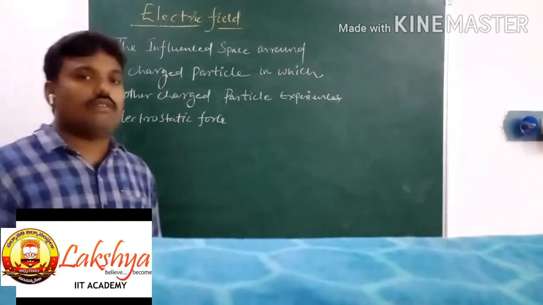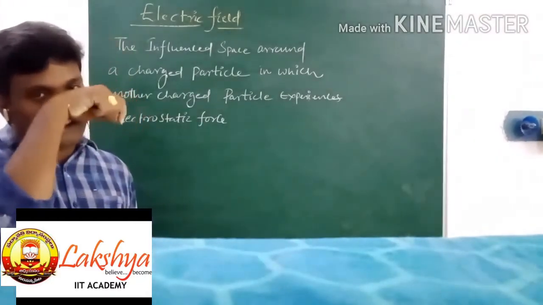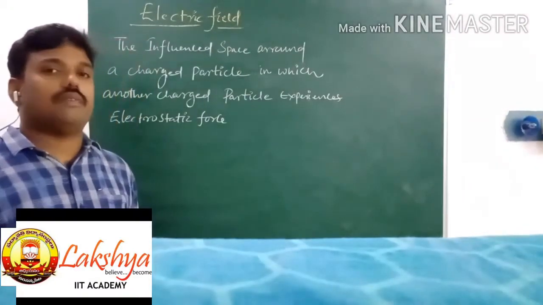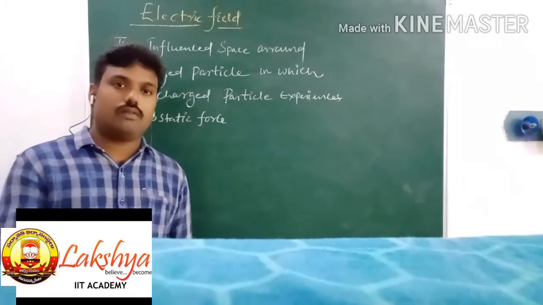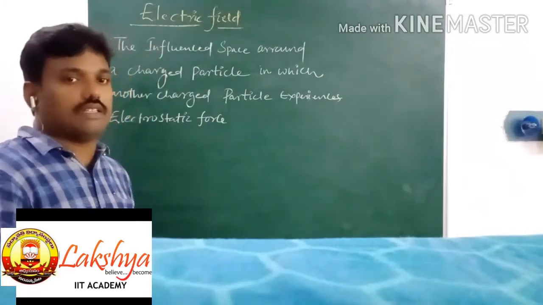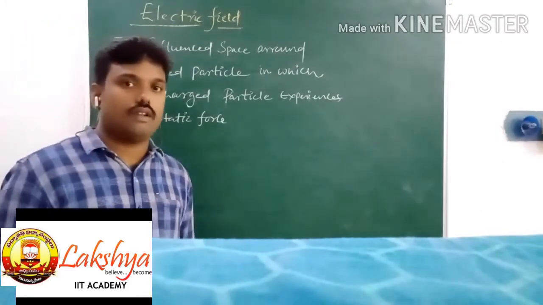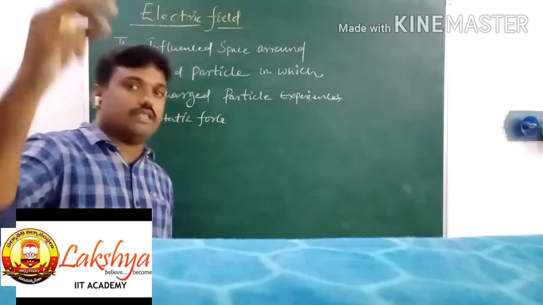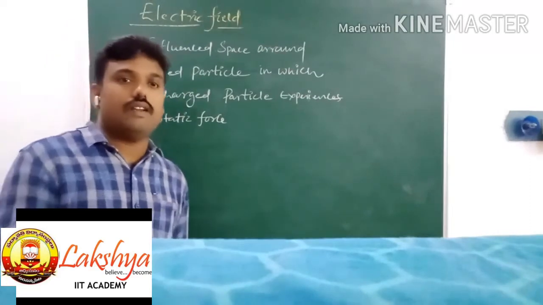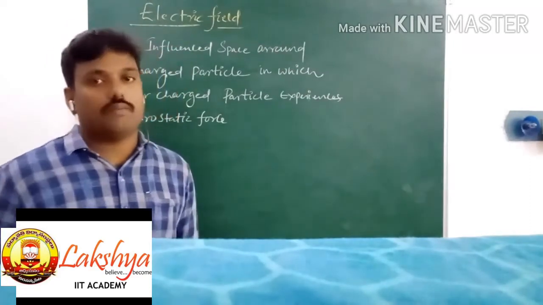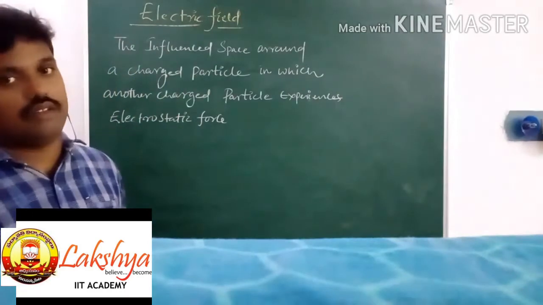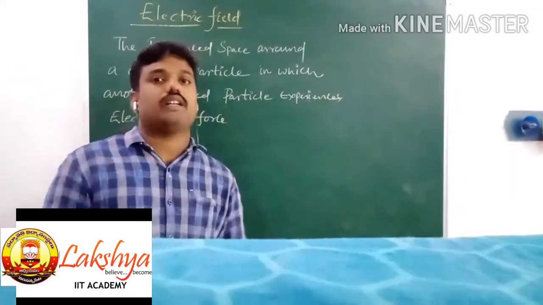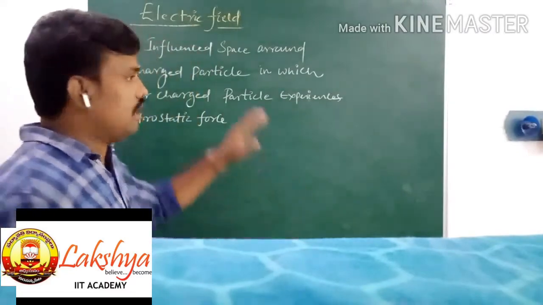Next concept is electric field. What is an electric field here? For every charged particle there must be some influence space around it. In that particular space, if any charge is placed, definitely there will be an effect on that charged particle. So that influenced space around a charged particle is said to be the electric field.